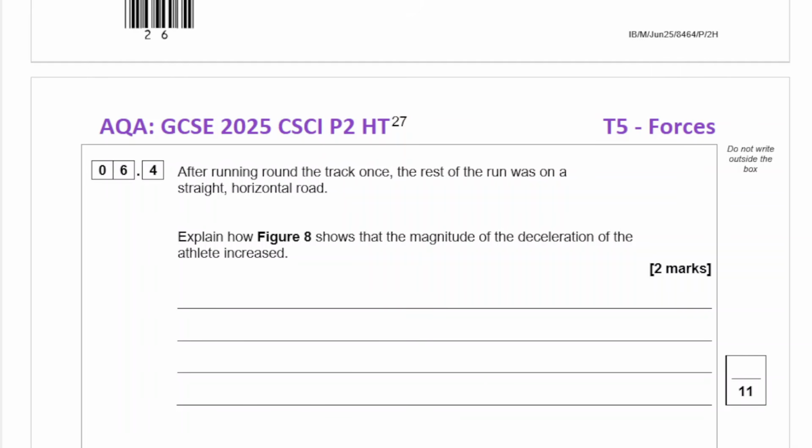So the gradient is equal to the deceleration, right?